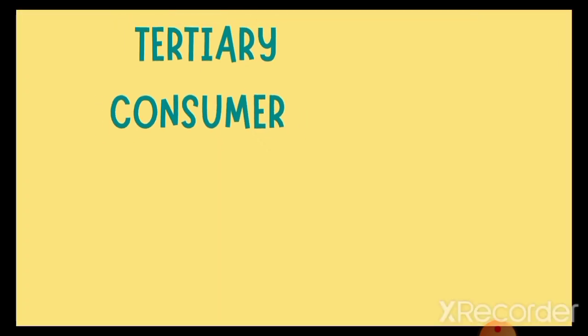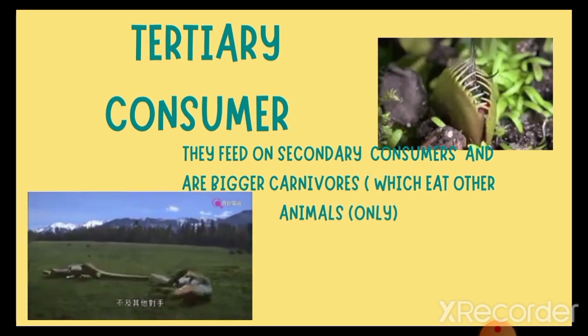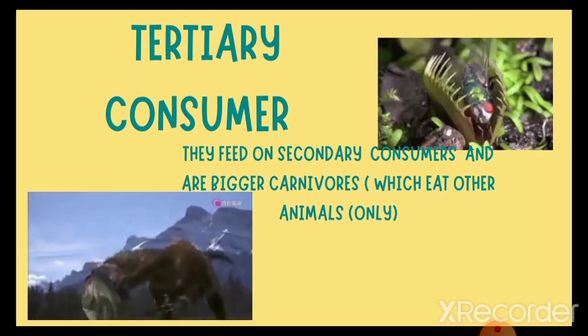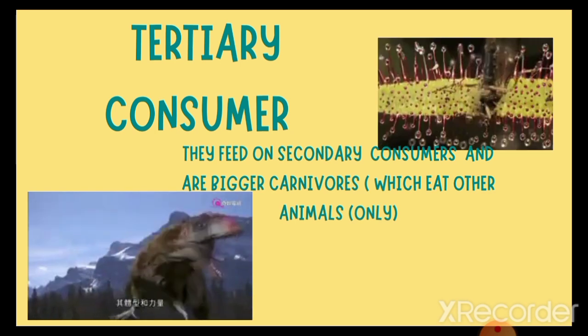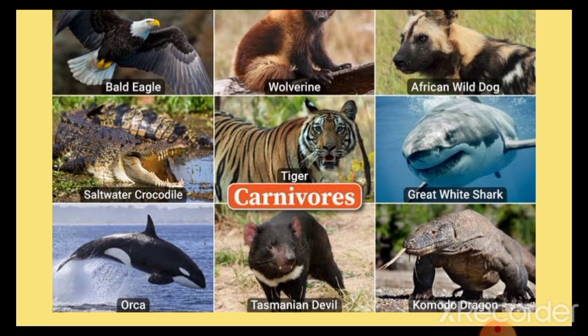Now the next is the tertiary consumers. These ones feed on the secondary consumers, which are mainly animals. They feed on animals and they are bigger carnivores. Examples are the eagle, the wolverine, the white dog, crocodile, tiger, the great white shark and so many others.